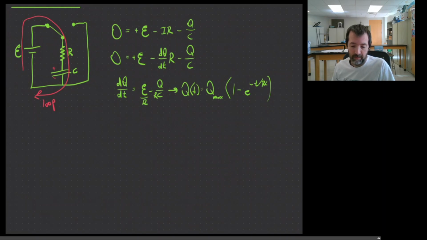You're going to get what I just told you about. So that's Q. If you're interested in delta V for the capacitor as a function of time, again, delta V is Q over C. So it's going to be that divided by C.